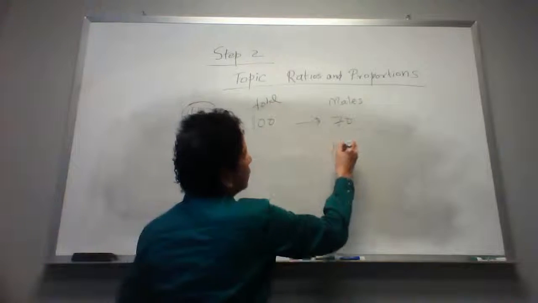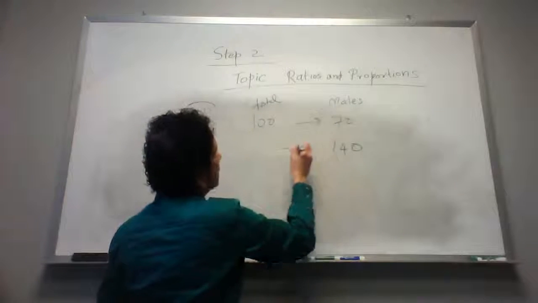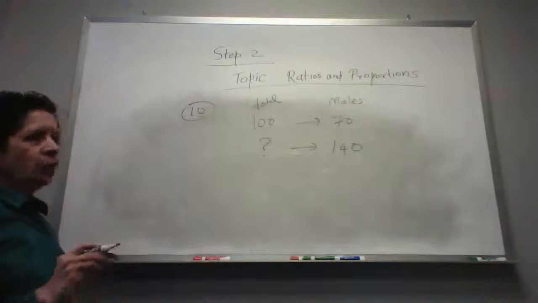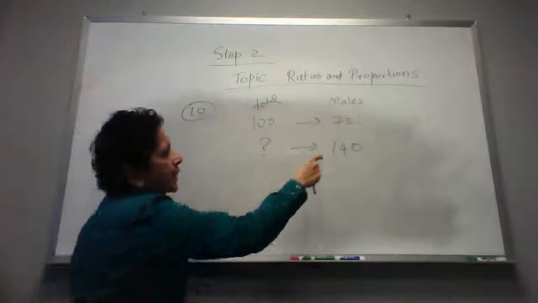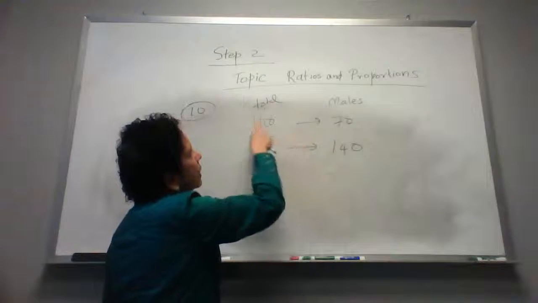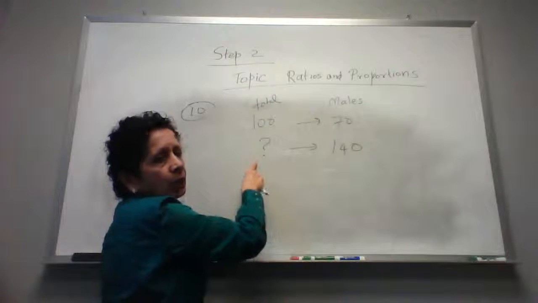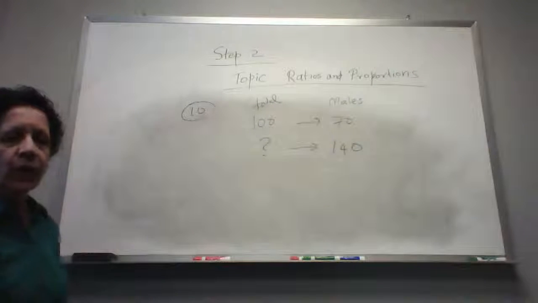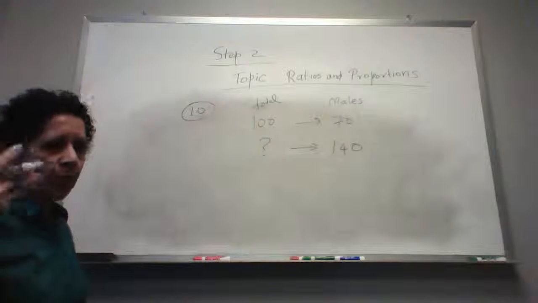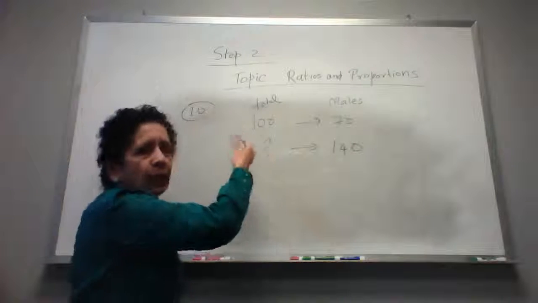So how many total employees are there? Okay? Very quickly you can see, instead of 70, I have 140. So 2 times 70 is 140, so 2 times 100 is 200. So you can just say 200 employees. Very quickly you can get to that answer. The more problems you do, the more quickly you will be able to get to the answer.